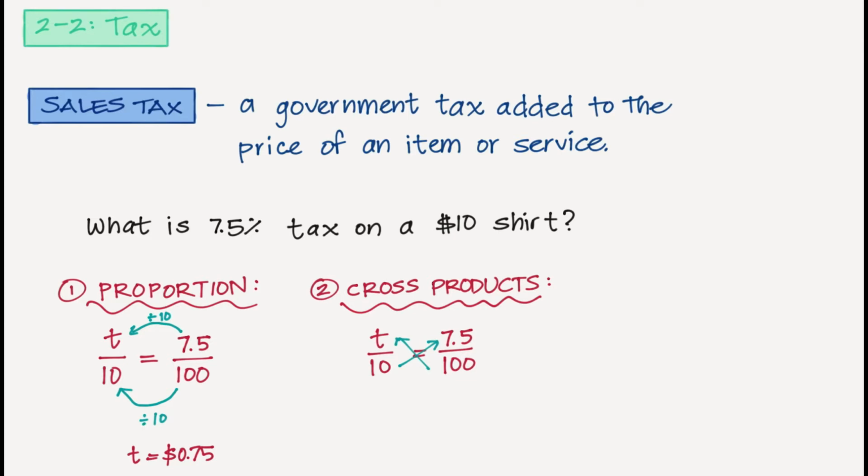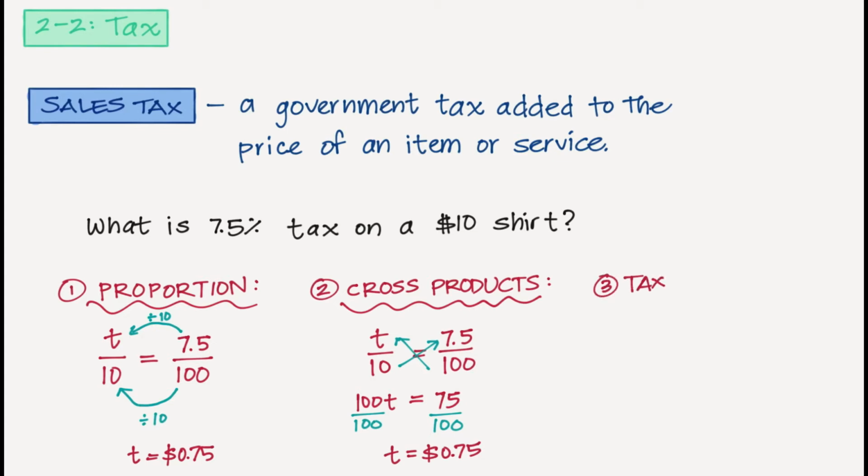So 100 times T is equal to 100T. And then 10 times 7.5 is equal to 75. And then I'm going to divide both sides by 100 to get the T alone. And when I do that, 75 divided by 100 is, again, 75 cents. So that is the second strategy.